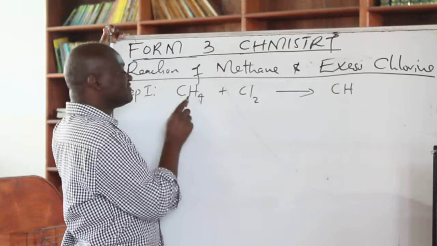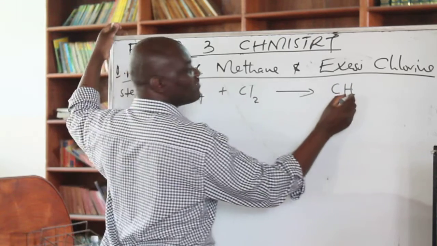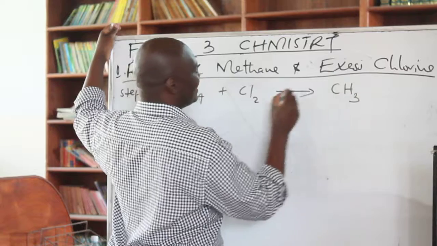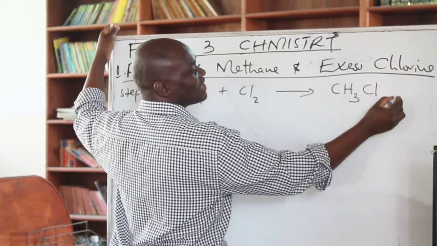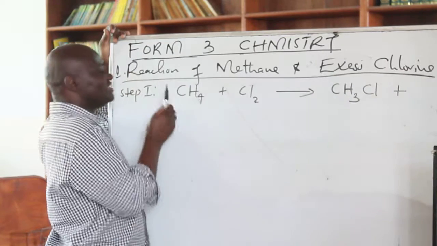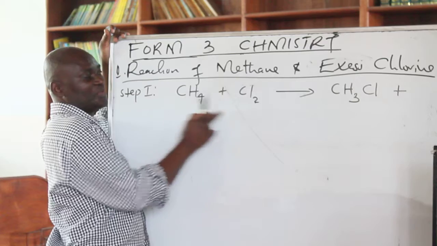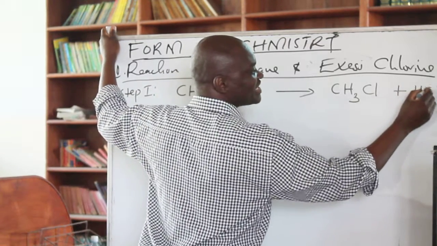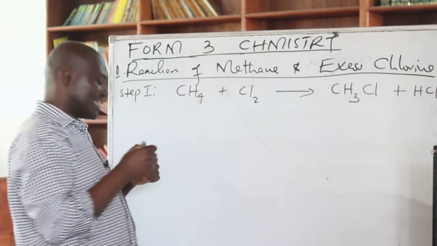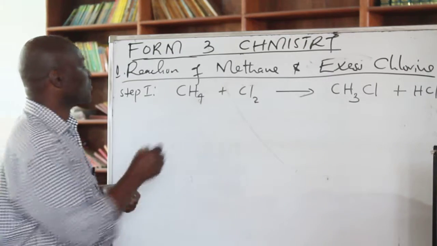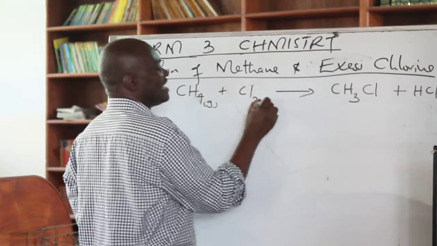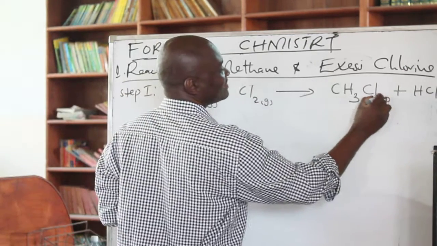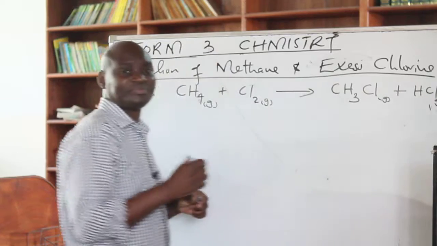So instead of having 4 hydrogens, we'll have 3 hydrogens. Then chlorine will take its place. Now, the hydrogen from here will combine with the one chlorine to form hydrogen halide, that is hydrogen chloride. So this one is a gas.